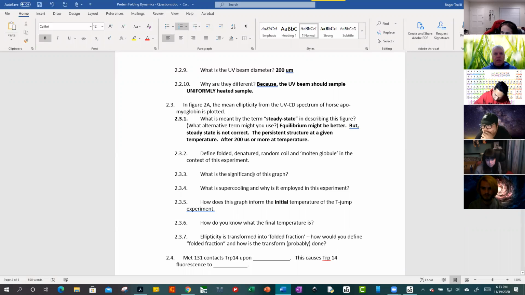Okay, so this next one, I don't know. I might have known at some point in the past when I made up this question, but I'm not really sure now. I know that folded is one extreme.